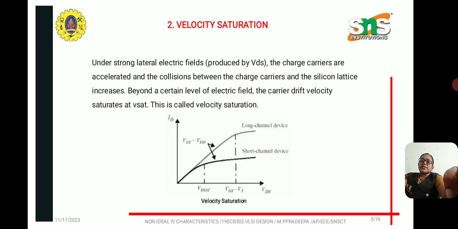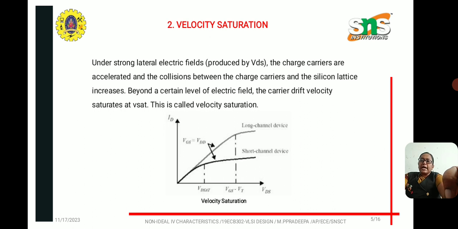So next is the velocity saturation. While I am applying a high electric field in the VDS, that is the drain source voltage, the velocity of electrons will stop increasing at a particular point. That is, it gets saturated at a particular point. That saturated point is called the velocity saturation.